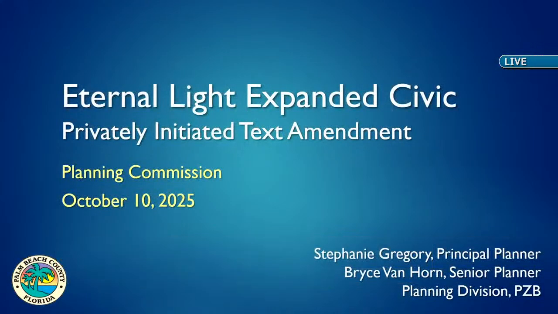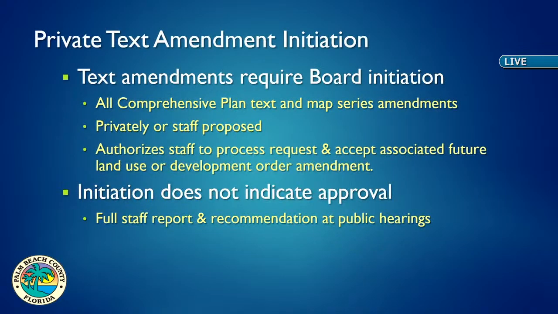So I'm Bryce Van Horn with the Planning Division, and again, this is the privately initiated text amendment known as Eternal Light Expanded Civic. Any proposed changes to the text or maps within the comprehensive plan requires initiation by the Board of County Commissioners through what we call the Phase 1 process.